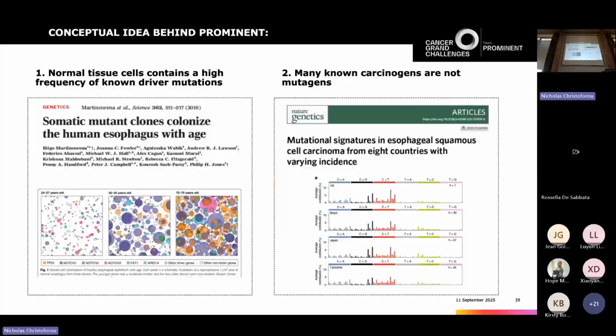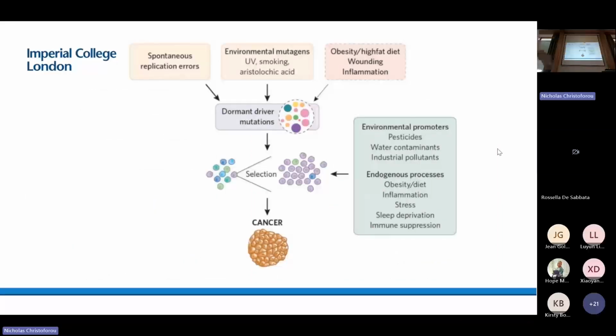And secondly, really an observation coming from the mutagraphs is that many known carcinogens are not mutagenic. So it really does raise the hypothesis, which has been around for some time, that many carcinogens are actually acting in a different capacity, so actually acting as promoters.